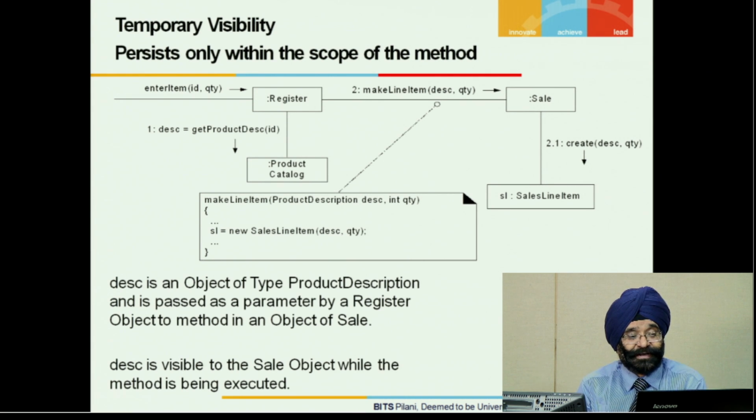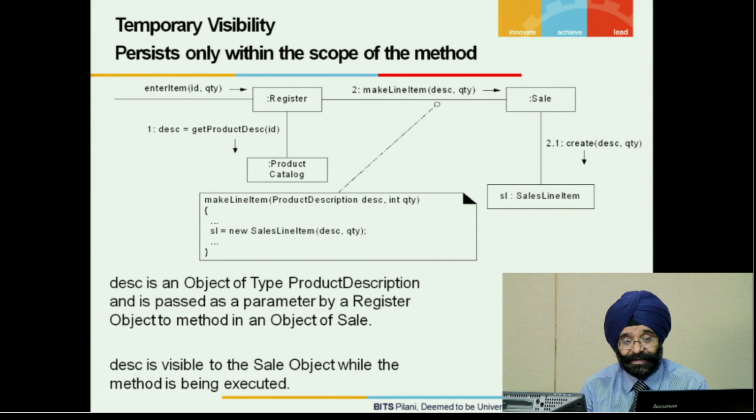Take a look at the code given below. makeLineItem receives DESC, which is an object belonging to the class product description. It is passed to the particular method. What it does in that method is not important to us as of now; it would be a little later.